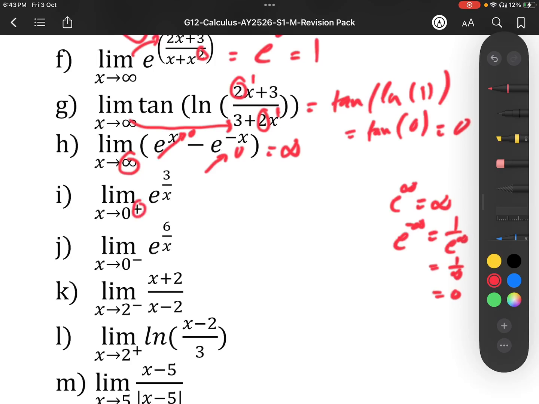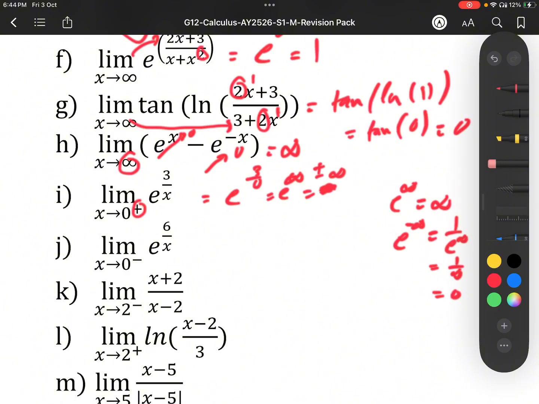0 from the right, and remember here, e to the power 3 over 0, which is e to the power infinity, which is infinity. The point is, I need to know plus or minus infinity.